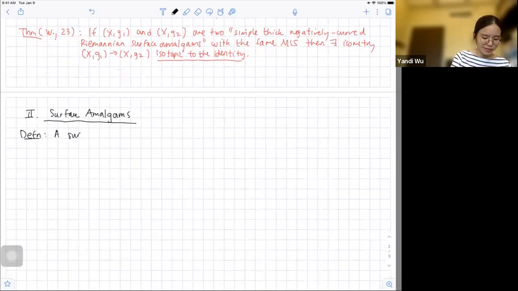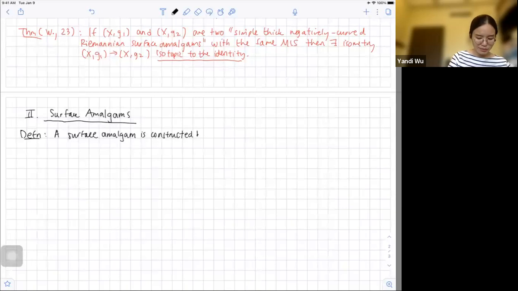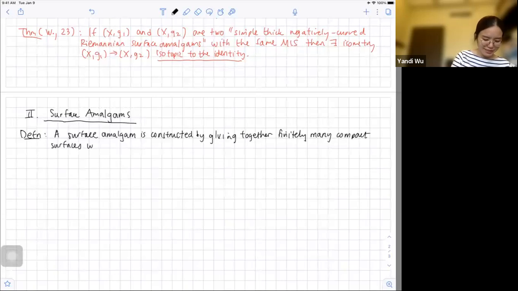A surface amalgam is constructed by gluing together finitely many compact surfaces with boundary along their boundary components.